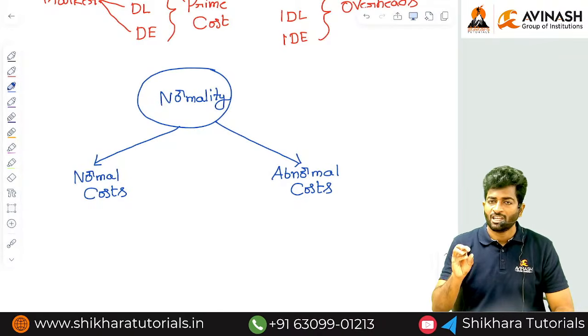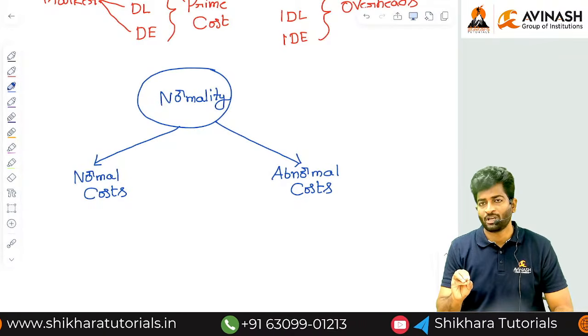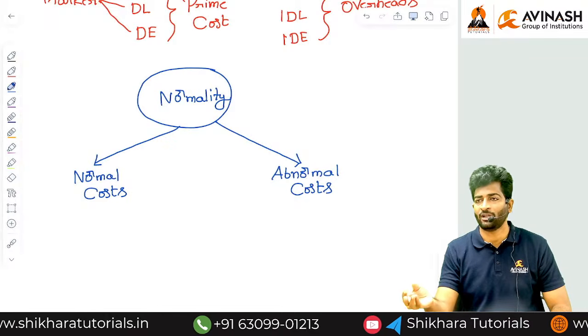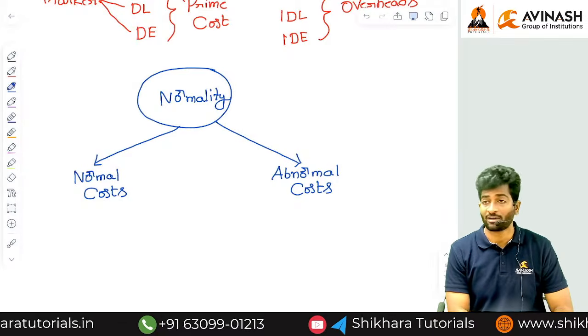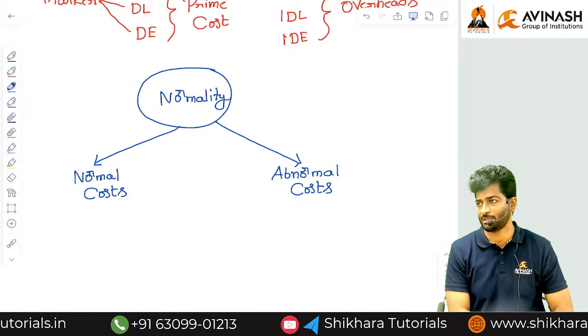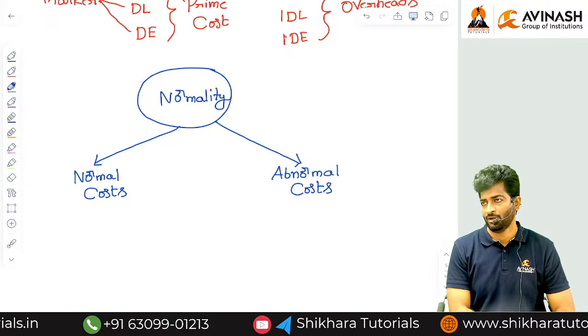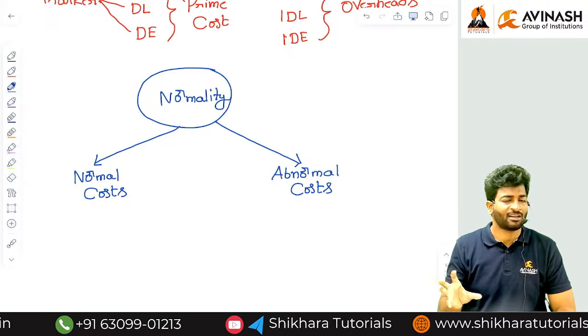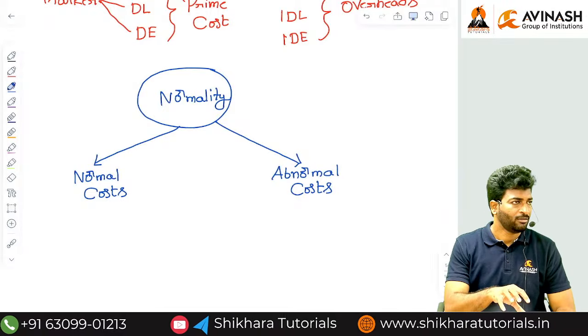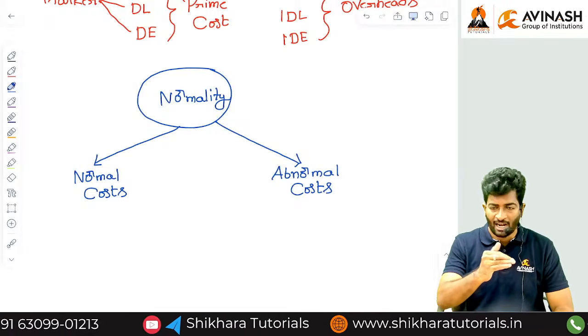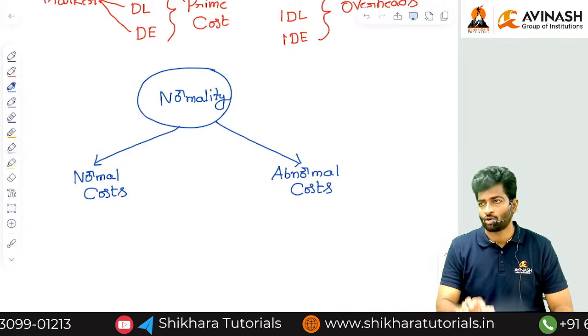Now, if something happens because of negligence of some employee, the organization is incurring some additional expense. If I am going to add that expense in my cost sheet, in my cost of production, it will increase my total cost of sales.